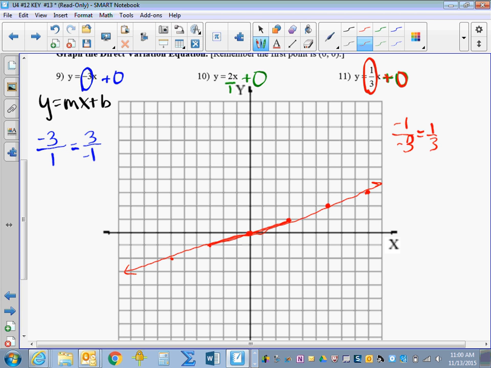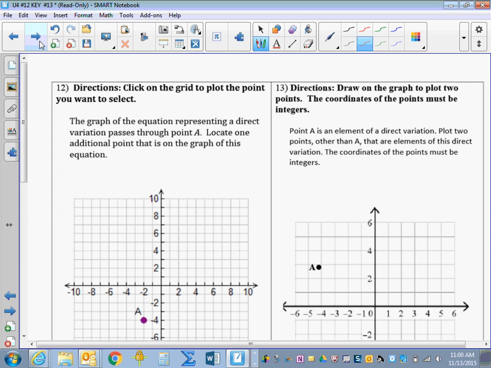Alright, questions on this? Alright, number 12 and number 13. These ones are definitely the trickier ones, so stick with me. These are the types of questions they have on the SOL.